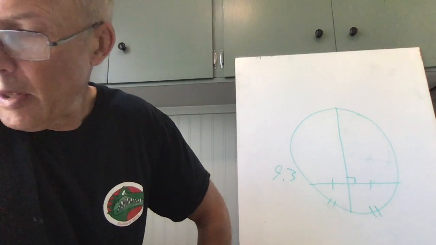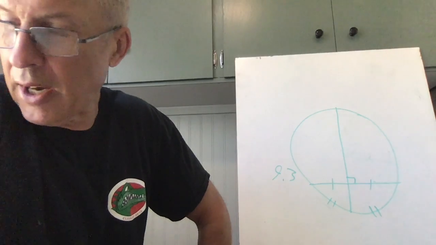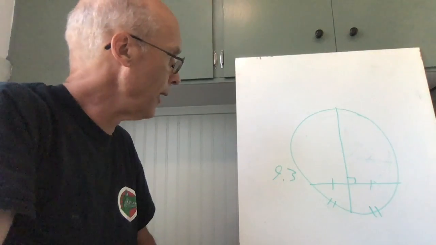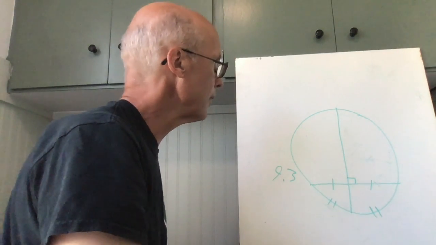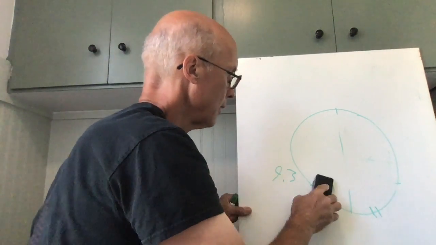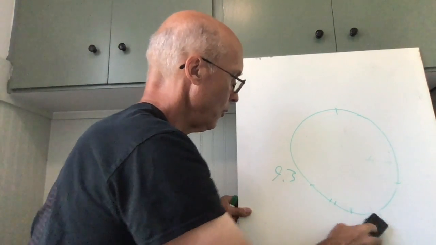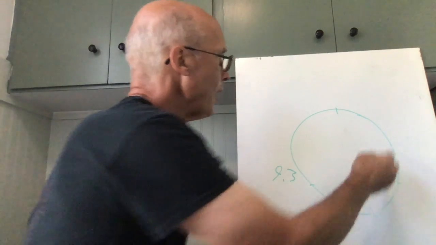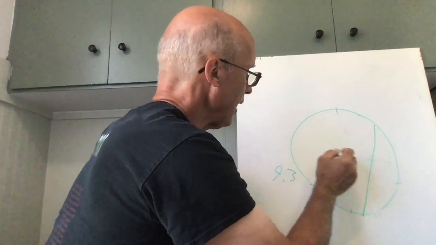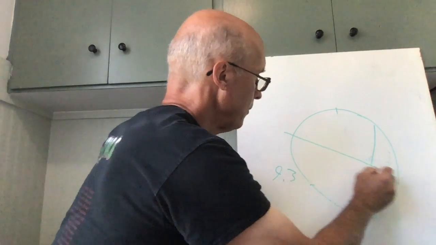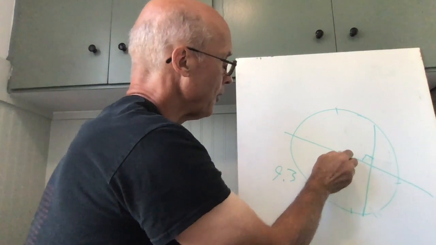9.4 says the perpendicular bisector of a chord is the diameter of the circle. So it's the converse, all right? So if I make any chord, and I just figure out the perpendicular bisector of that, then I know that this is going to be the diameter of that circle.